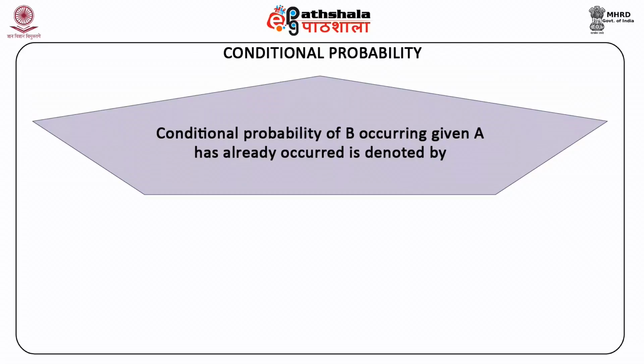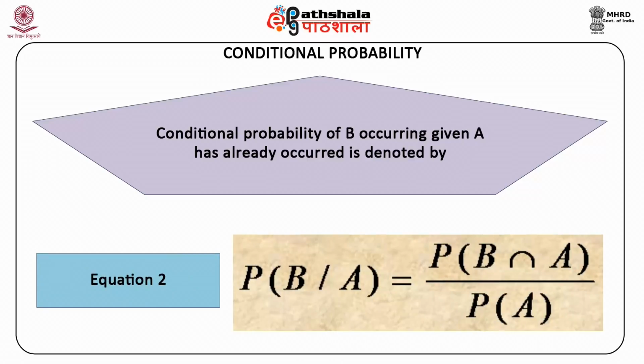Similarly, the conditional probability of B occurring given A has already occurred is denoted by probability of B/A equal to probability of A intersection B upon probability of A, for P(A) not equal to 0.